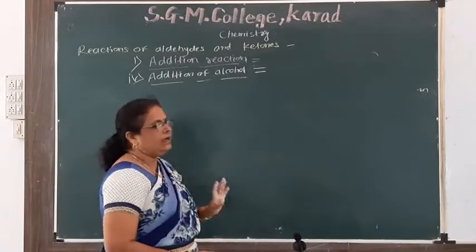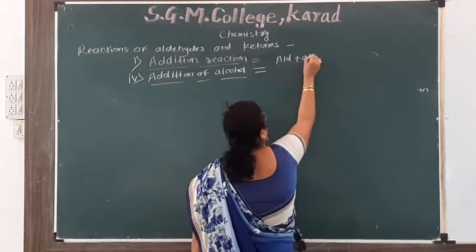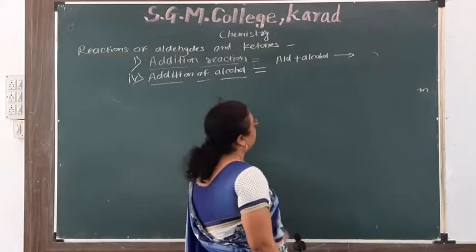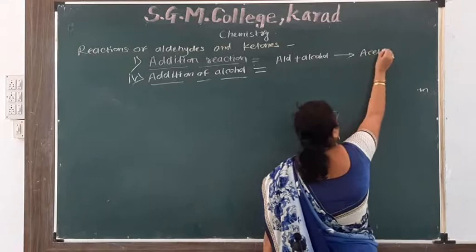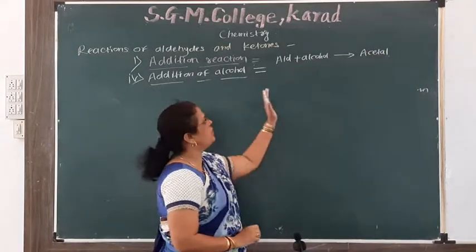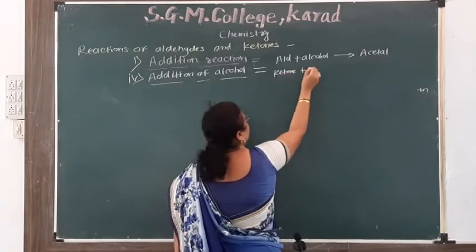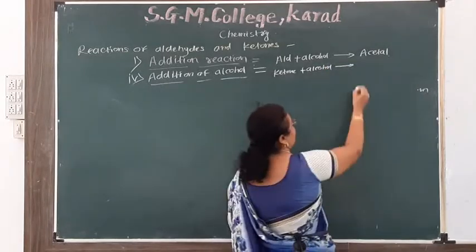If aldehyde reacts with alcohol, then it forms acetal. And when ketone reacts with alcohol, then it forms ketal.